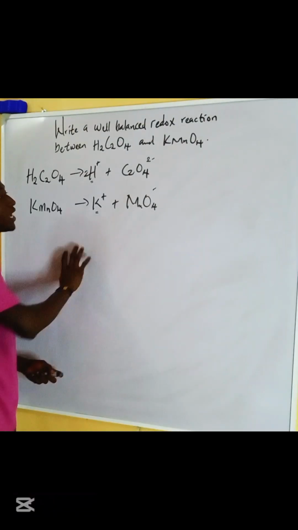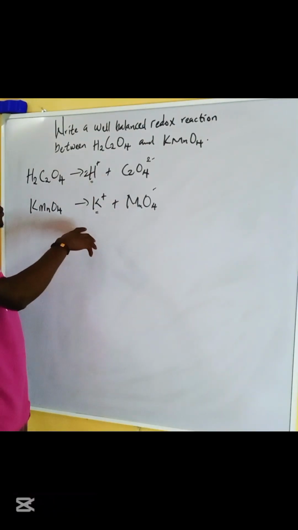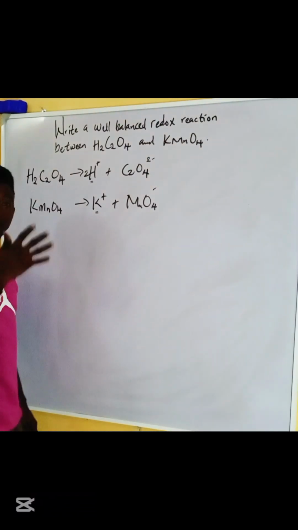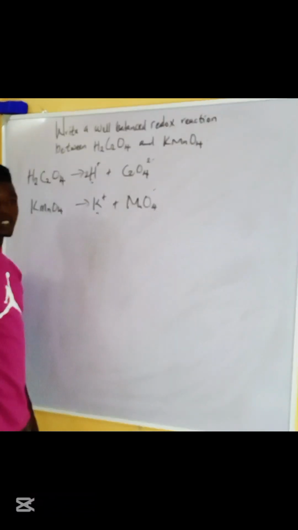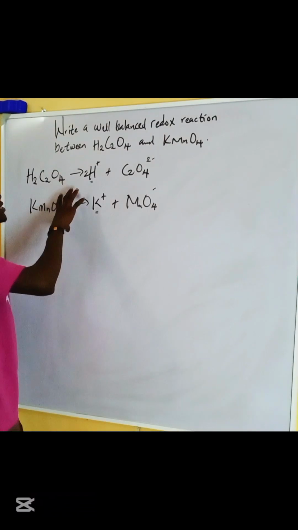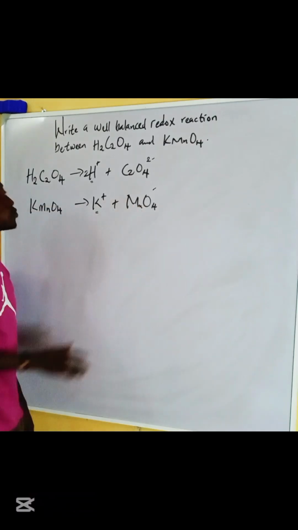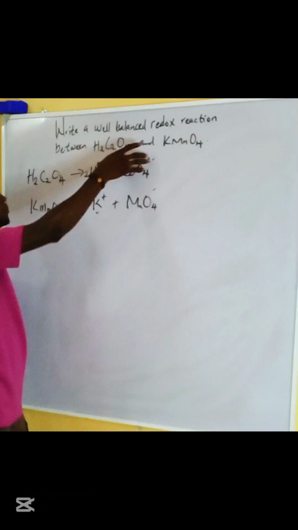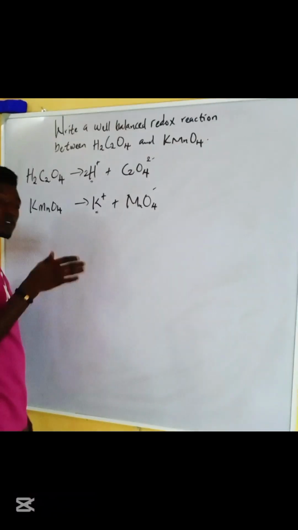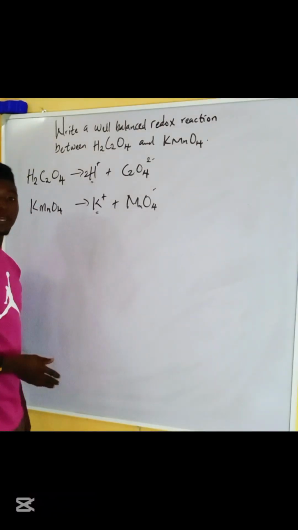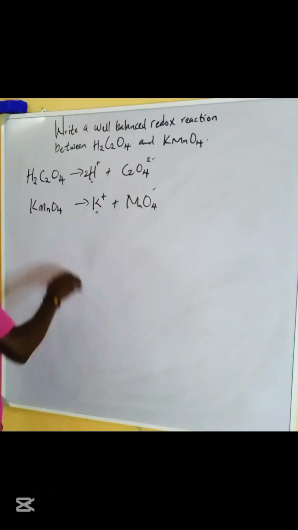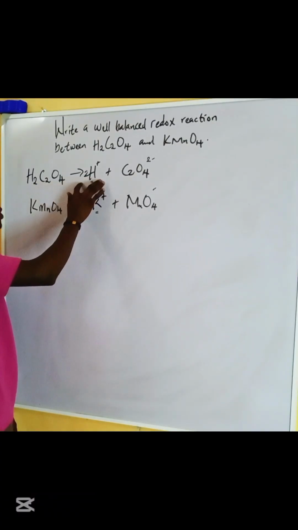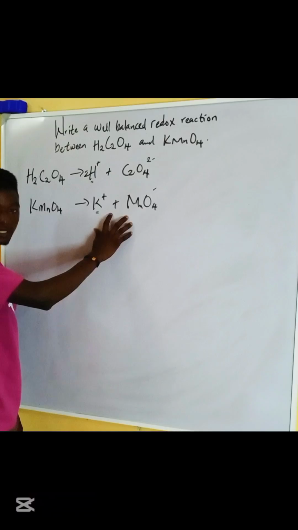In that case, you get to use the oxidation number method to determine your oxidation reaction and your reduction reaction. But in this case, we are not given a full reaction. We are just given these two compounds, and from there, we are going to determine our oxidation and our reduction. And this is our first step, where you ionize your compound to form this and this.